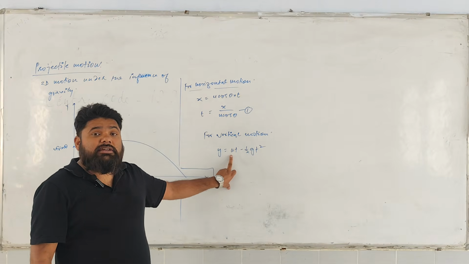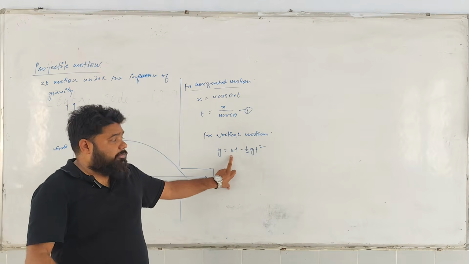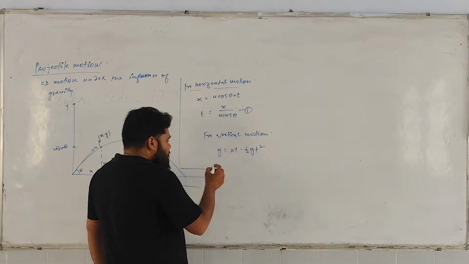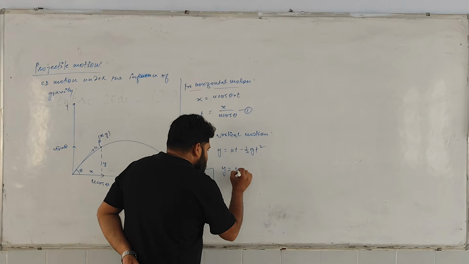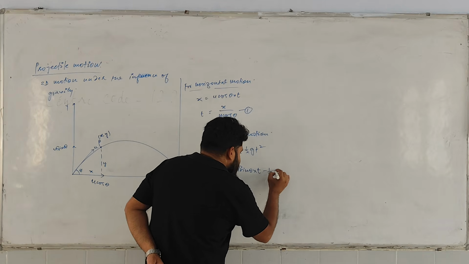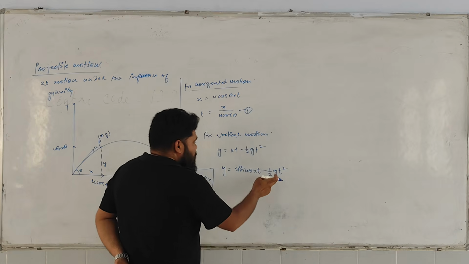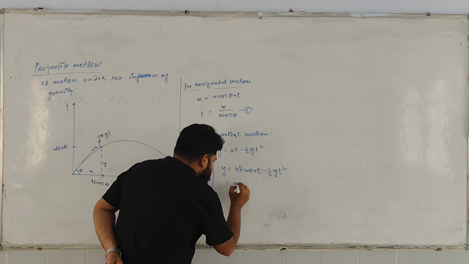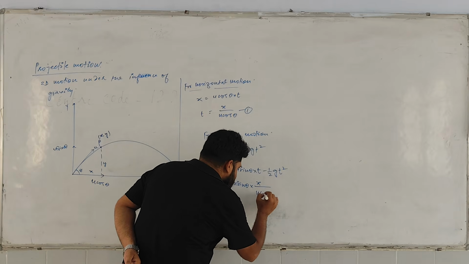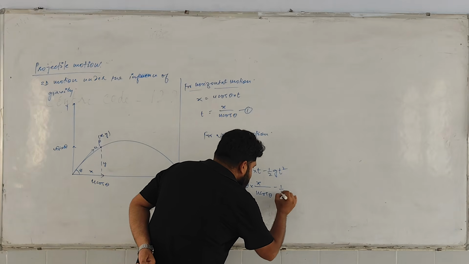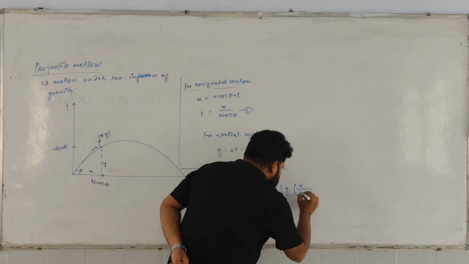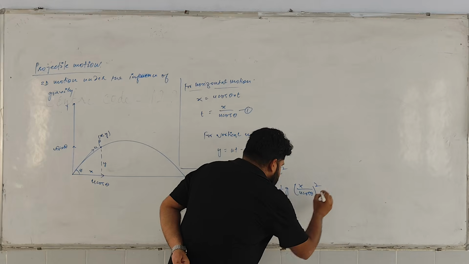Here u is the initial speed provided along the vertical direction, and we put the value of t from equation 1. Then we get y is equal to u sin theta into t minus half g t square. Putting the value of t, we get u sin theta into x upon u cos theta, minus half g into x upon u cos theta whole square.